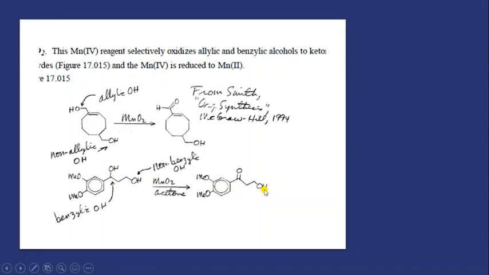This is the selective type of oxidation, because the allylic or benzylic alcohol is oxidized, and the other type of alcoholic group remains unaffected by this selective oxidizing agent, the so-called manganese dioxide. You can see here the mechanism of this reaction.